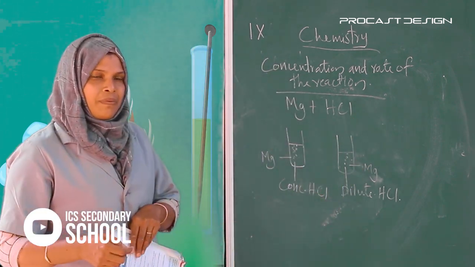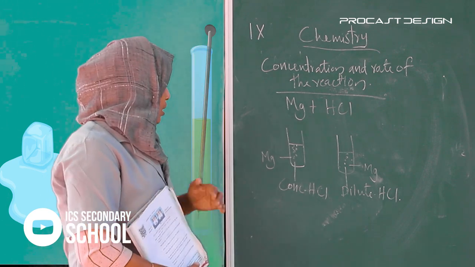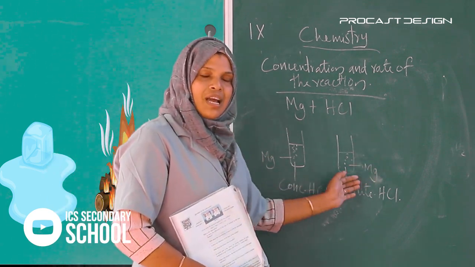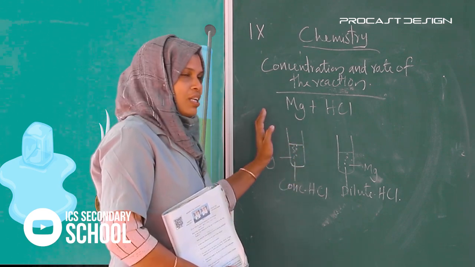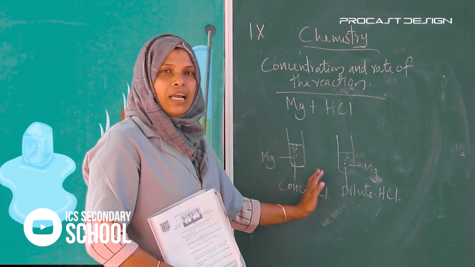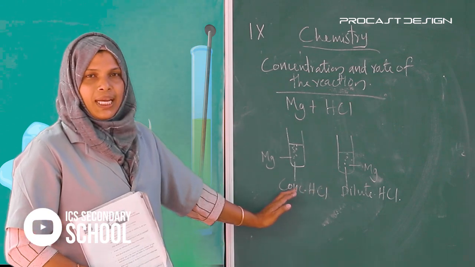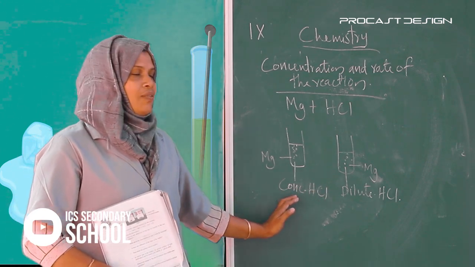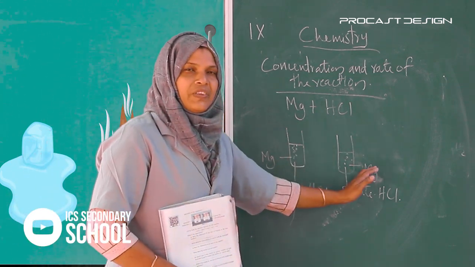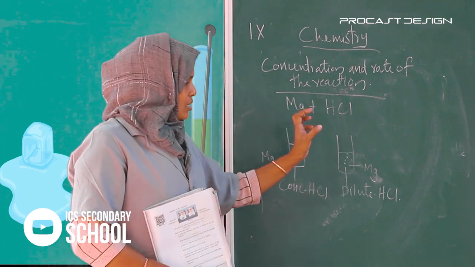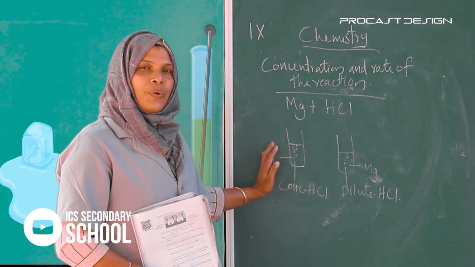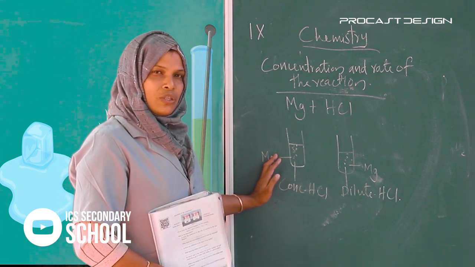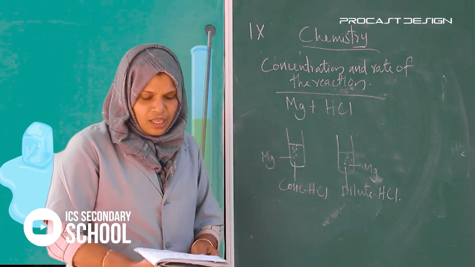There is a presence of fewer bubbles. That means in these two cases hydrogen gas is evolved, but the reaction is much faster when using concentrated hydrochloric acid. Here we take two test tubes, dilute hydrochloric acid in one and concentrated hydrochloric acid in the other.